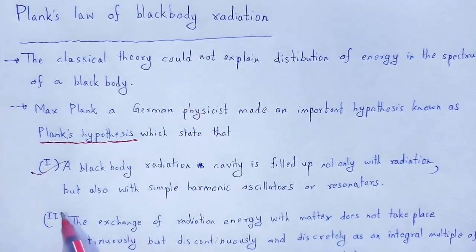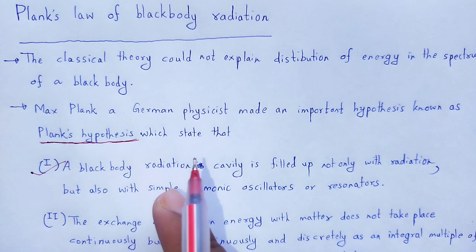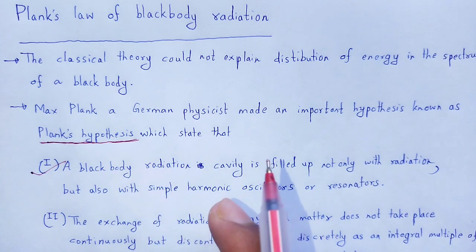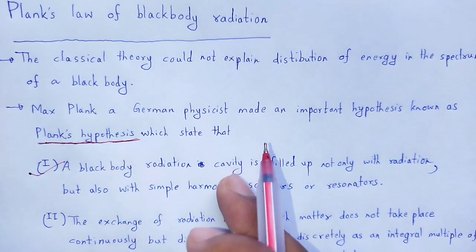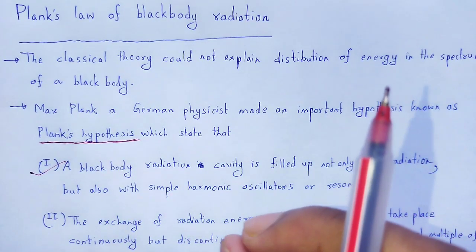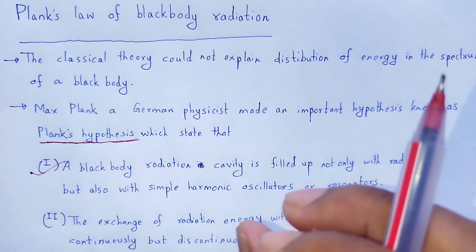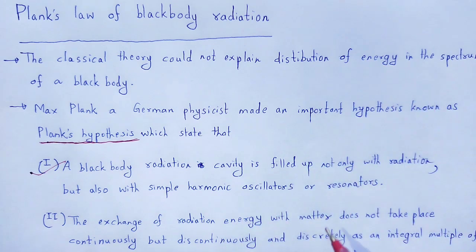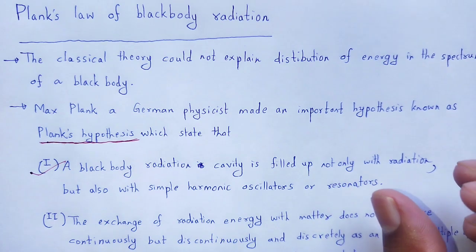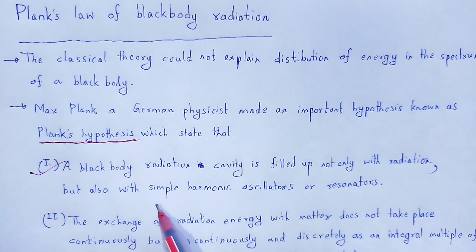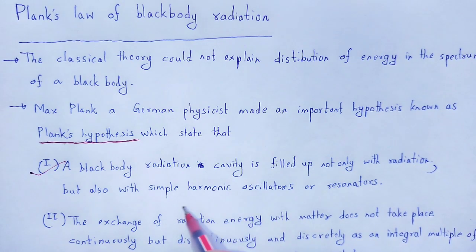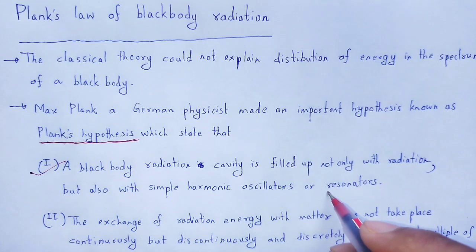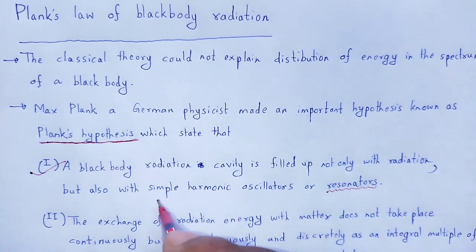Number 1, the blackbody radiation cavity. Blackbody radiation cavity means a cavity where blackbody radiation is performed. That cavity is filled not only with radiation but also with simple harmonic oscillators, which are also called resonators.